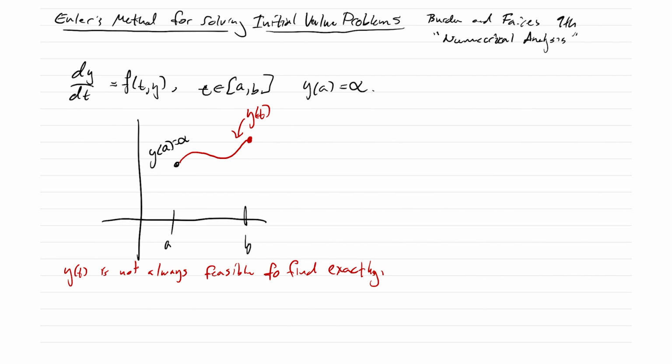So what we're going to do instead is select a handful of points. T0 is going to be a, T1 being this point, T2 being this point, some points inside of here, T capital N minus 1, and then T capital N at b.